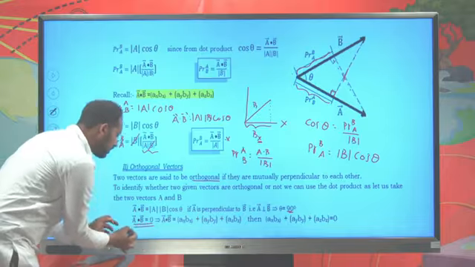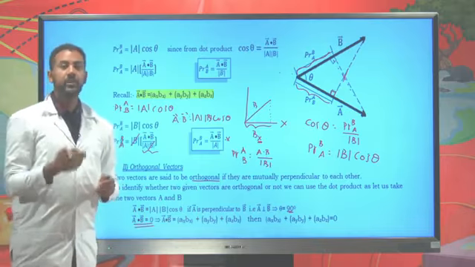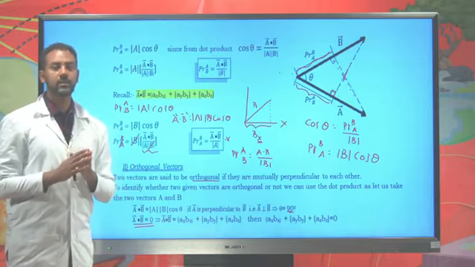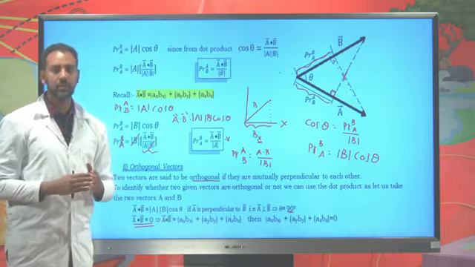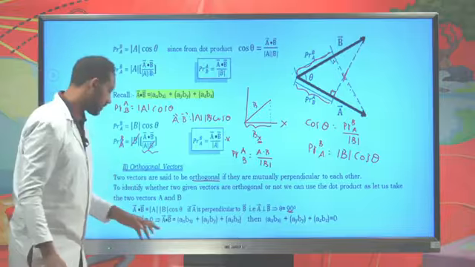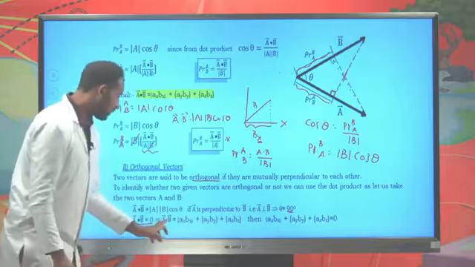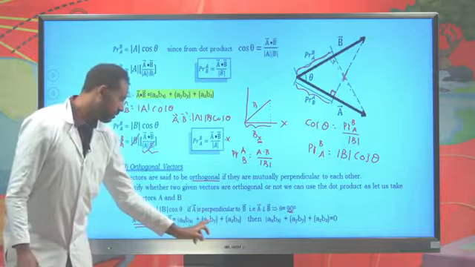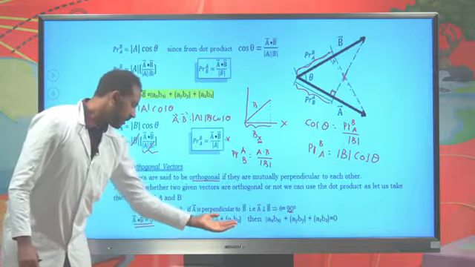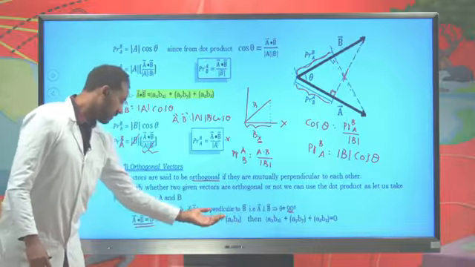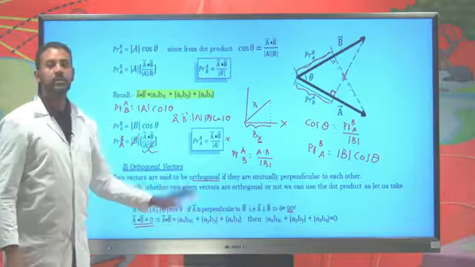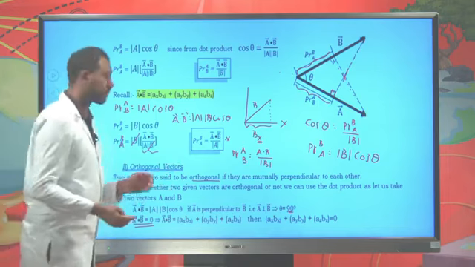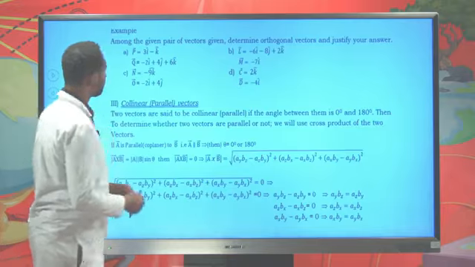Whenever you are trying to determine A dot B, if the result is 0, you can say that the two vectors are mutually perpendicular to each other, or they are orthogonal vectors. A dot B can be determined by multiplying the coefficients AX, BX, AY, BY, AZ, BZ. If the result of this multiplication gives you 0, then the two vectors are perpendicular to each other, or they are orthogonal vectors.